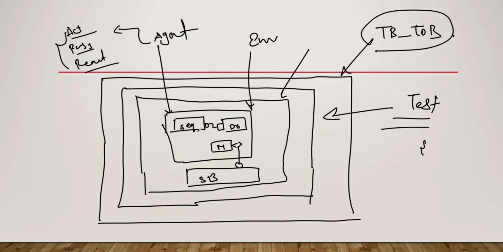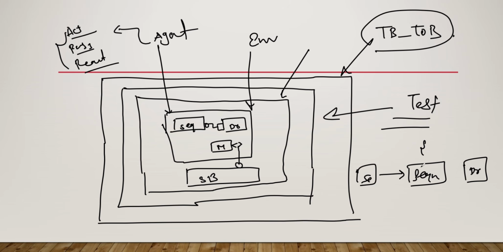Now inside the agent we have sequencer, driver and monitor. The role of your sequencer is to act as a mediator. Suppose this is your sequence, this is your sequencer and this is your driver.